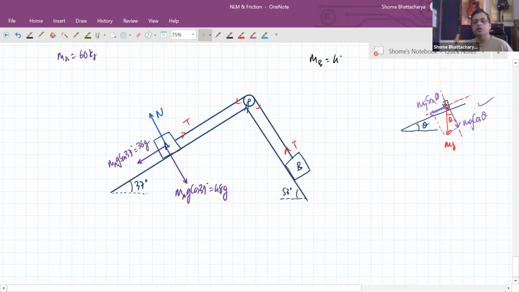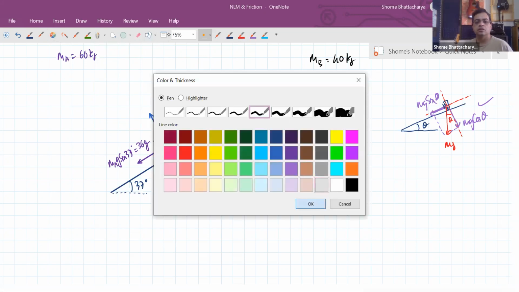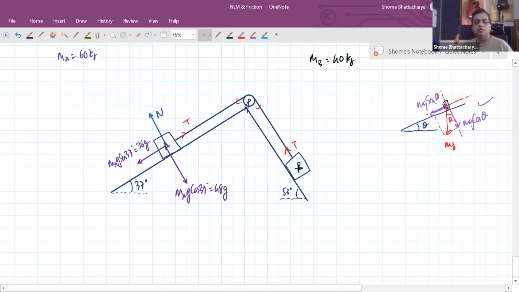Now, similarly, if we look at B's weight, B's mass was 40 kg. So the component of its weight down the inclined plane, or parallel to the inclined plane, the sine component, so 40 into sine 53 will give us 32g.